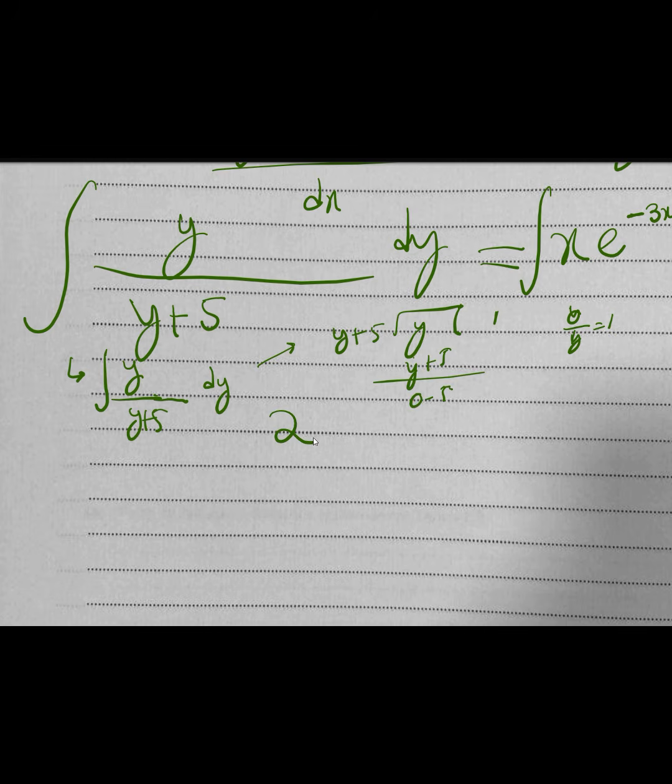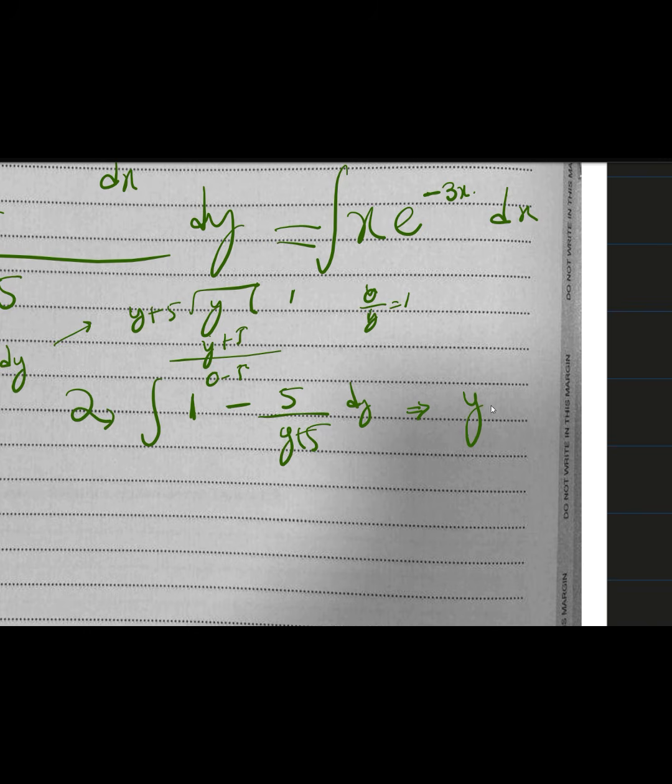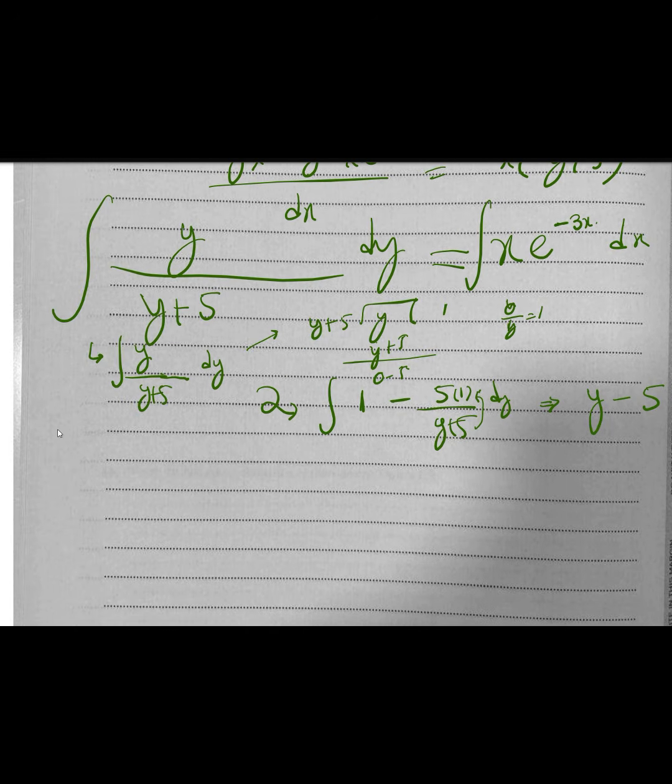So it can be rewritten as the integral of 1 minus 5 over y plus 5 dy. If we integrate this, we get y minus 5, and we use ln since the differentiation of y plus 5 is 1. So minus 5 ln y plus 5. The integral of the left hand side would be y minus 5 ln y plus 5.